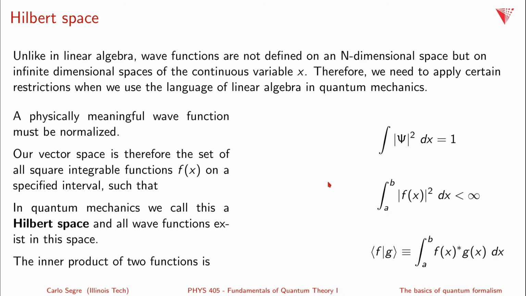The inner product of two functions, or two wave functions, or two of these vectors, is written as bra f ket g, and that's equivalent to the integral from a to b of f of x star times g of x dx. And that's the inner product of f and g.